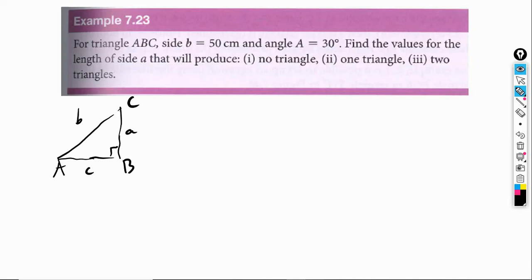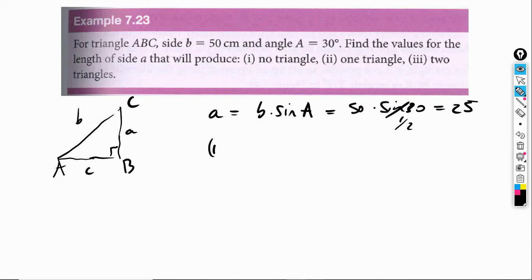The ideal case is where a is equal to b times the sine of A. In this case, that would be 50 times the sine of 30, and because this is 1/2, that would be 25 centimeters. So 25 centimeters is the case that we need to compare with.